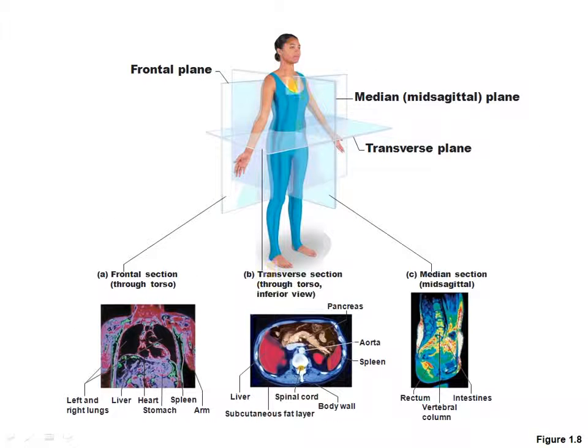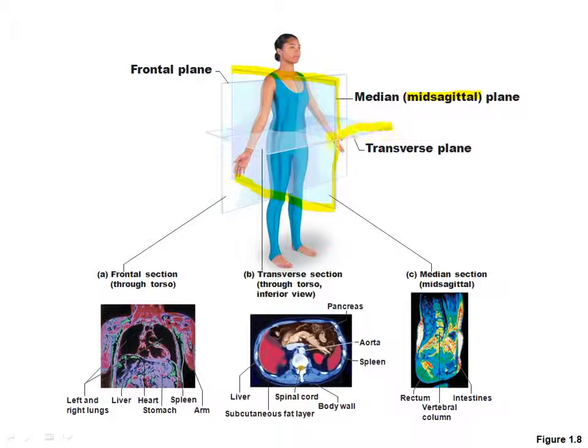Looking at this drawing here, if we cut the body along this plane, using this piece of glass, we would cut the body into left and right halves. Any cut or any plane that divides the body into left and right halves is considered a sagittal plane. If it cuts the body into a mirror image left and right half, then it is considered mid-sagittal.